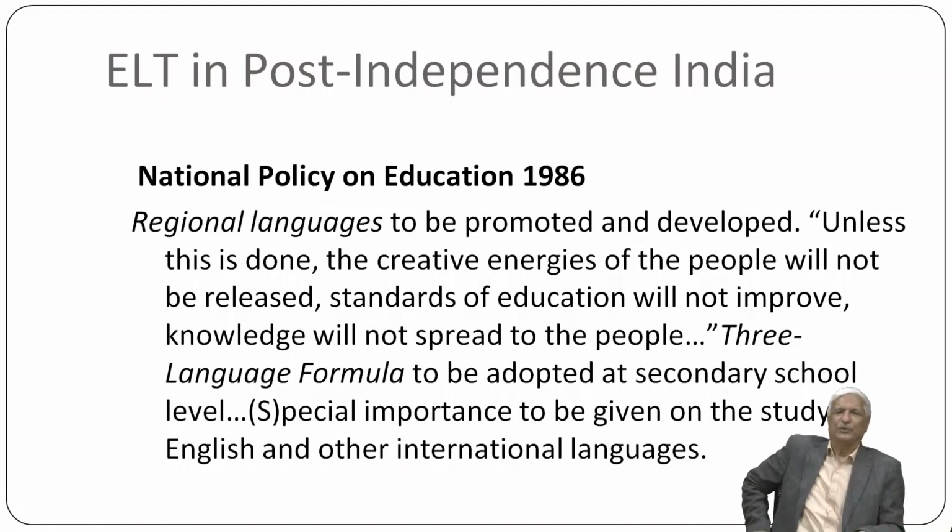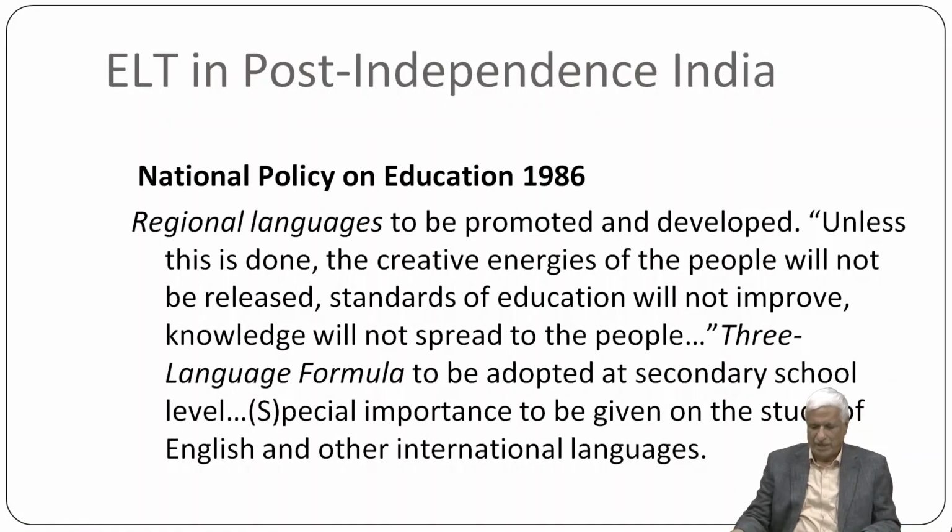If education was to actually focus on creativity, on critical thinking, then it has to be done in the regional language. But this was not to be done at the cost of English.